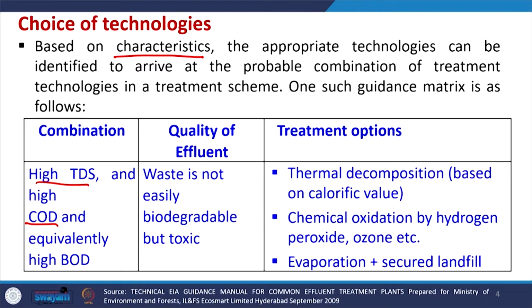Under that condition, the effluent is not easily biodegradable, and it is also toxic. So, what are the treatment options? We can go for thermal decomposition based upon the calorific value. We can go for chemical oxidation by different advanced oxidation processes. We can go for evaporation plus secured landfill. These are the different treatment options for this type of wastewater.